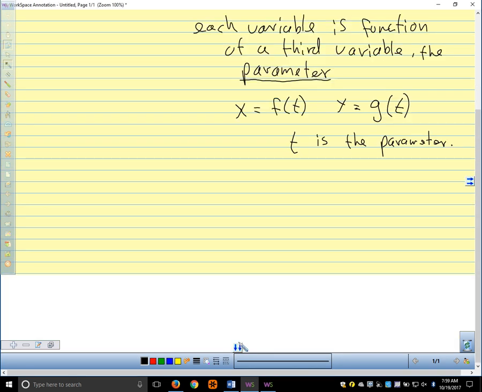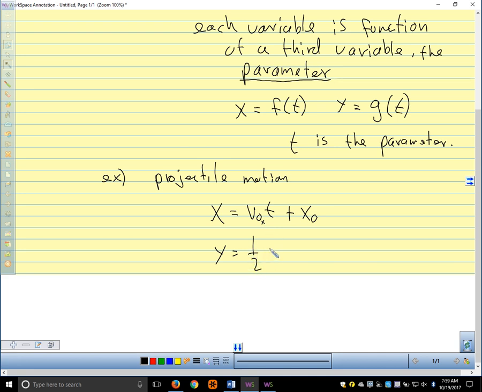Probably the classic example of a set of parametric equations is projectile motion. So we have projectile motion, x equals v0x t plus x0, because we're going in the x direction.